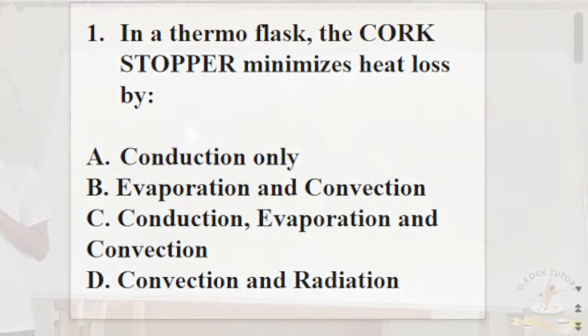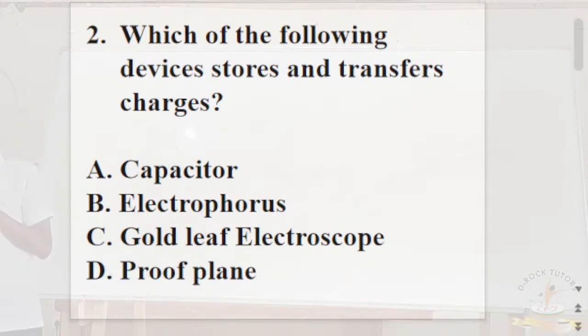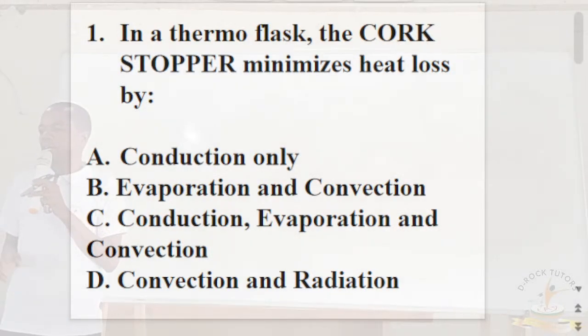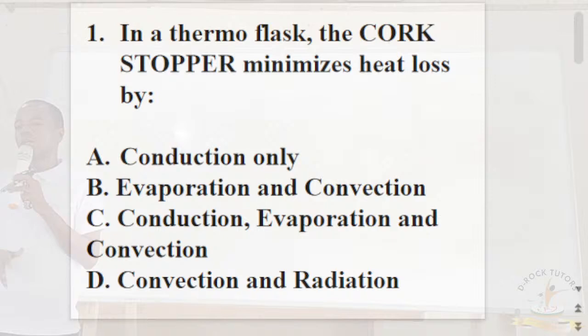So a thermoflask is made in such a way that heat loss by these three processes is greatly minimized. For example, the cork stopper, which the question is asking about, is at the top, like a lid that closes the vacuum flask. The cork stopper minimizes heat loss by three means. One, by conduction. Don't forget, the cork stopper is made of wood, and we know that wood is not a good conductor of heat.